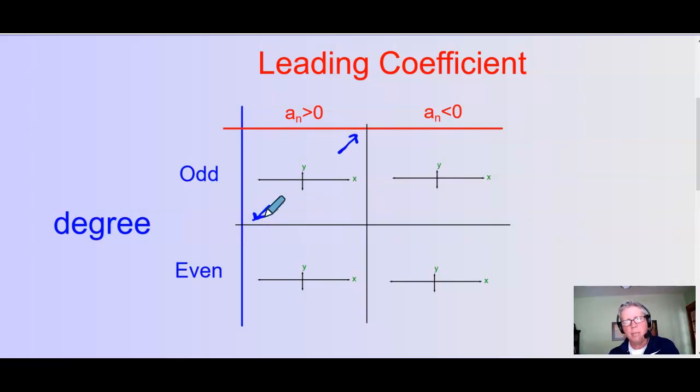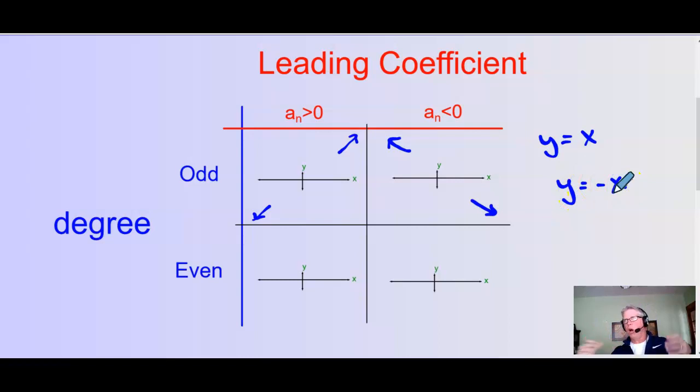One of the more famous odd degree positive leading coefficient functions is y equals x, because the leading coefficient is 1, positive, and the degree is 1. I think you can handle that. So what if it's negative? Then it's going to switch, and a very famous one there is y equals negative x.